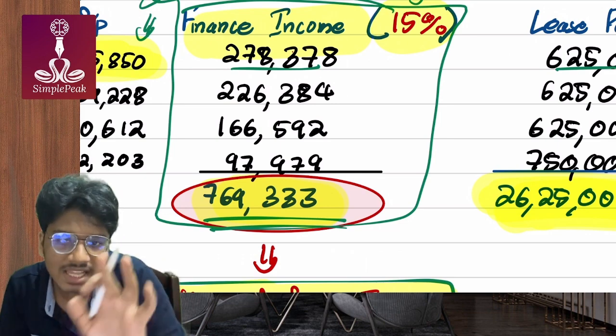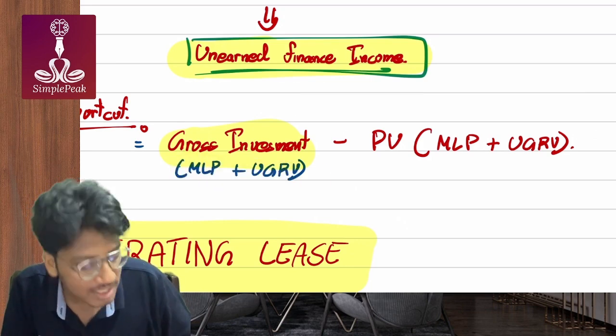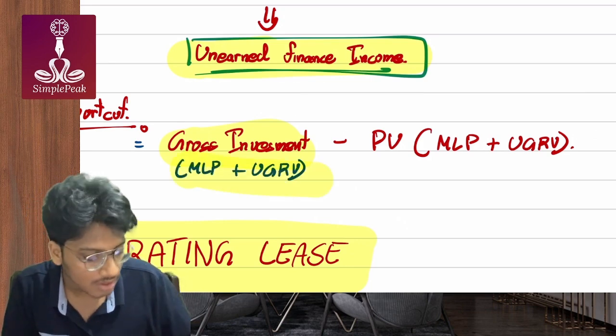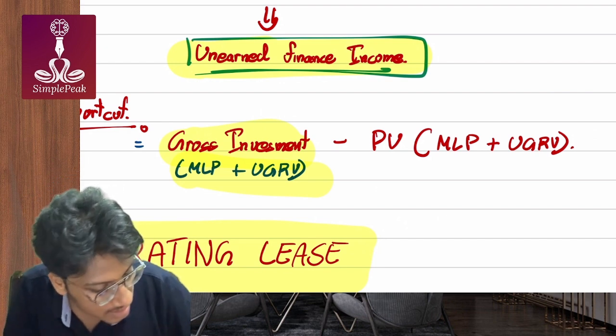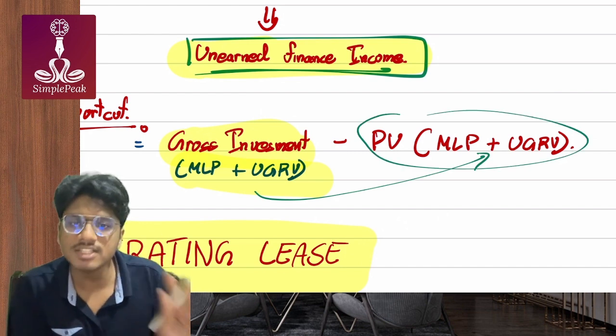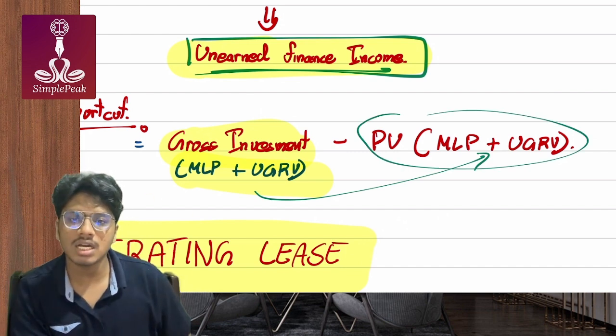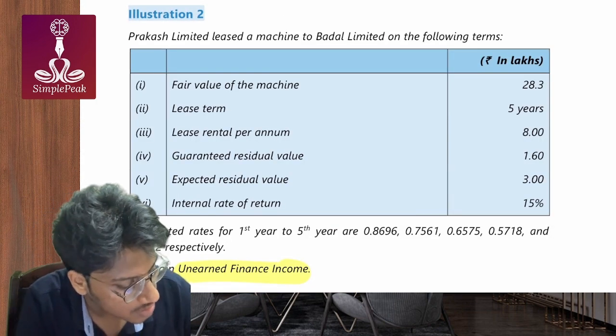But nevertheless, unearned finance income is the gross investment, minimum lease payment plus unguaranteed residual value, minus its present value. The difference of that is the unearned finance income. I hope that's clear, when the illustration is also solved in such a way.